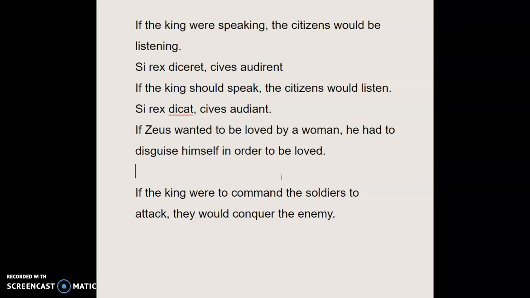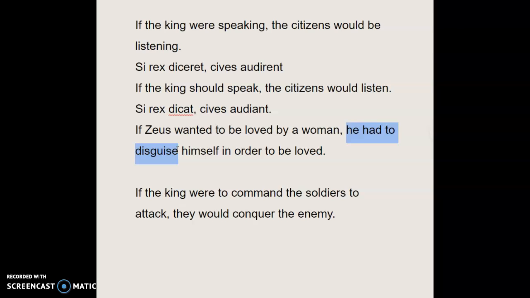Alright, sentence number 3. If Zeus wanted to be loved by a woman, he had to disguise himself in order to be loved. This sentence is really fun. He had to disguise himself. So first, we have this necessity occurring. When does it happen? He had to, in the past. So we have a form of the future passive periphrastic, which we'll use in the past, so we'll use erat.